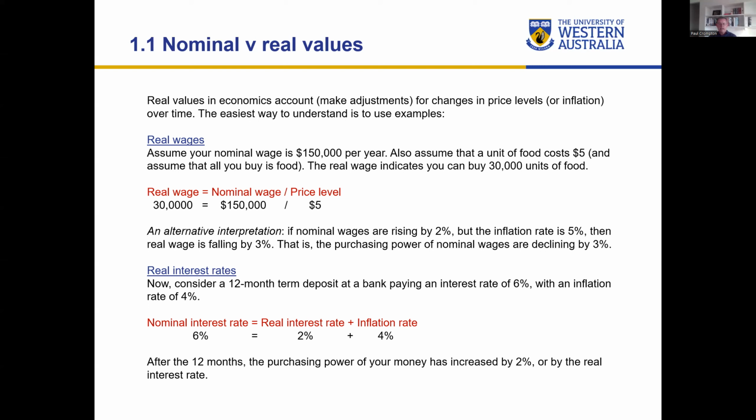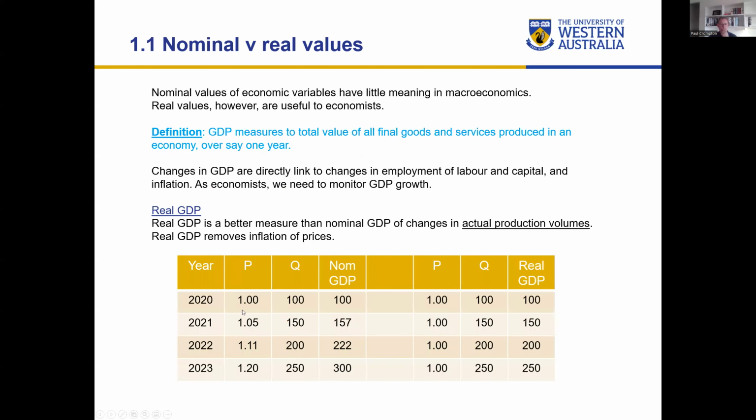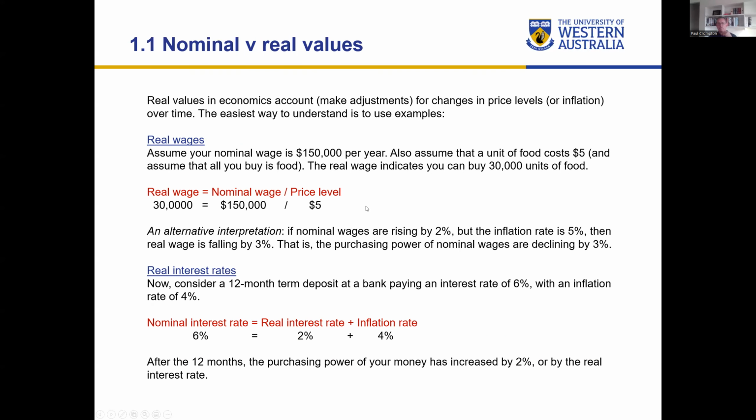So what we've gone through there is the difference between nominal and real GDP. Figured out that real GDP is the only measure of the GDP variable that makes any sense. We've gone through the difference between nominal and real wages and worked out that real wages are the only measure of wages that make any sense.